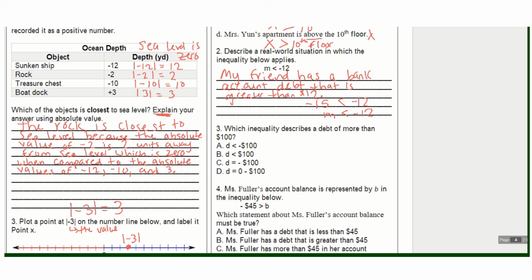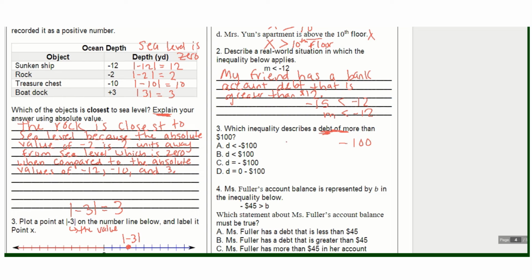All right, so which inequality describes a debt of more than $100? So in this case, the debt must be more than $100. So we're talking about debt, so the number to represent that is -100. So we're looking for a debt that's more than that. So think of a debt that's more than $100.